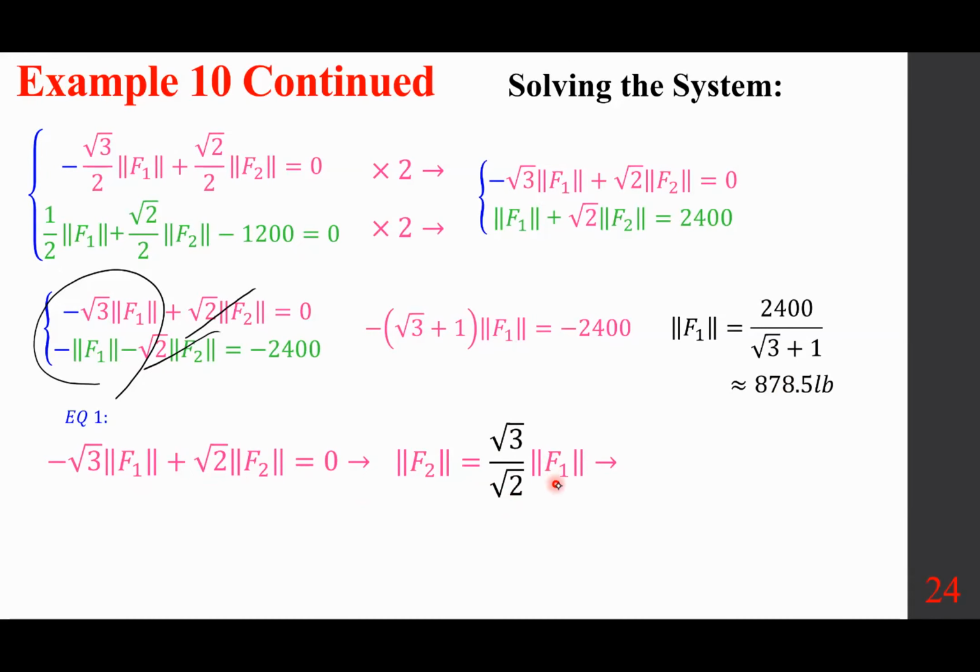Now, whatever f1 is, square root of 3 over square root of 2. And this is the exact answer, by the way. That's why I put that one, although you can use this one. And we have 1,075.9 pounds of force. Very straightforward class. Again, this is a system of equations that we solve here.